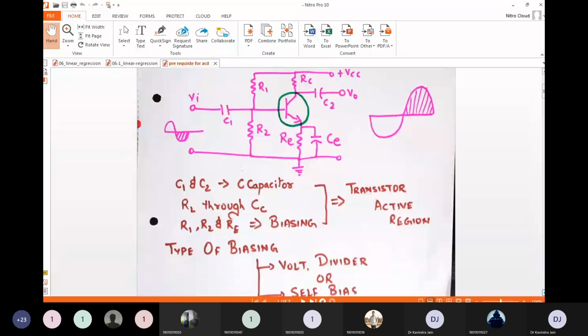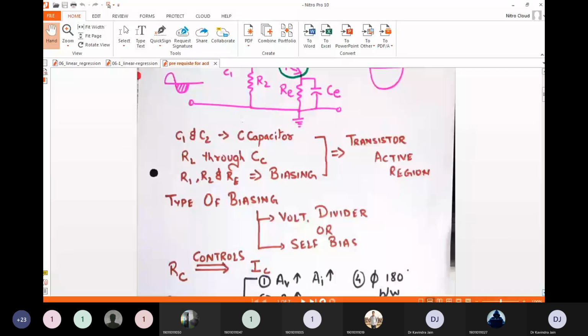There are various types of biasing. Basically, in this particular topic, we are focusing on voltage divider biasing. Voltage divider biasing basically means that there are two resistors R1 and R2 in parallel to each other before the base connection, as you have seen in the circuit. And the other kind of biasing is known as self-biased circuit.